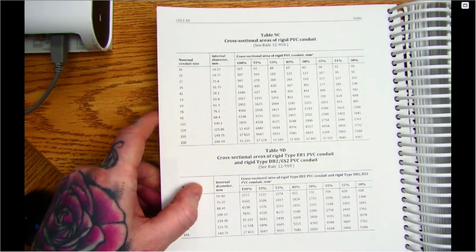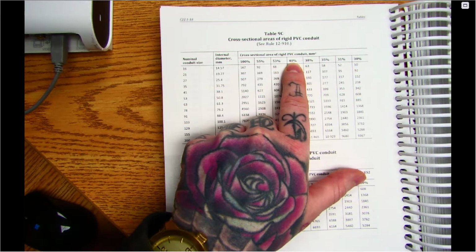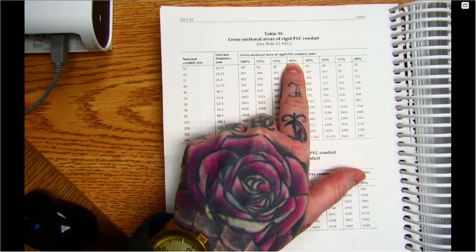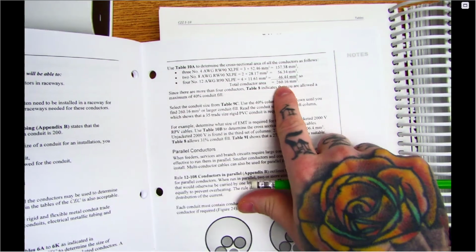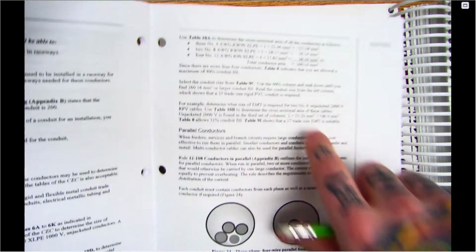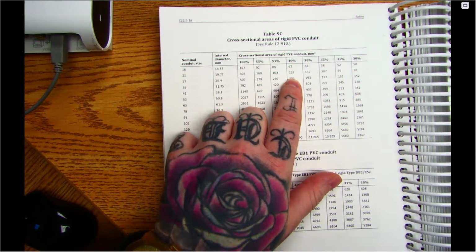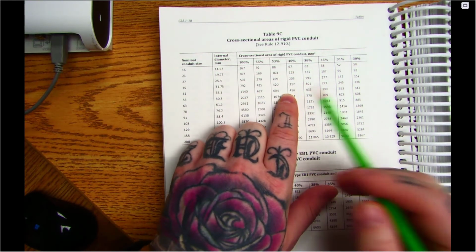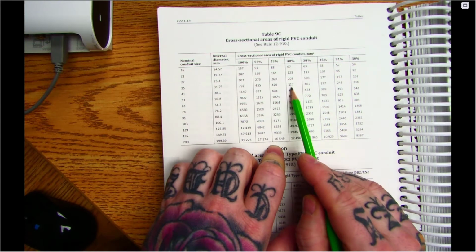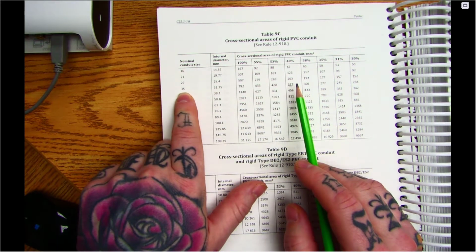So I'm going to go to table 9C, and table 8 told me to go to the 40% column. I'm going to look across for that total area that I found here, 260.16. I'm going to go down the 40% column until I see a conduit that can satisfy the 260. Looks like I'm going to have to go up to a 317, which is a 35 mil conduit.